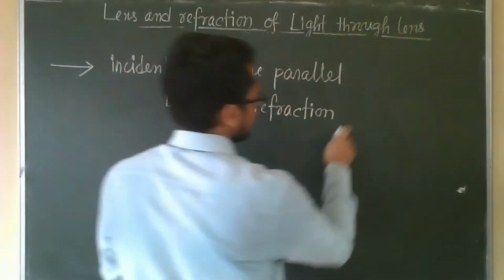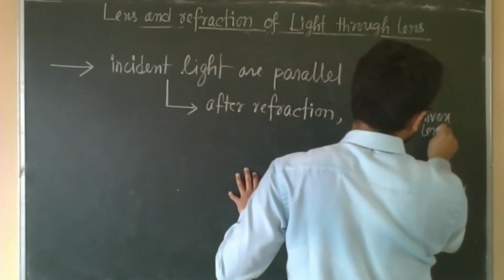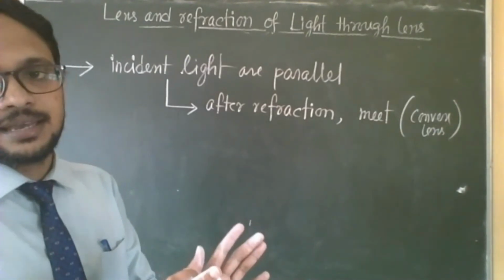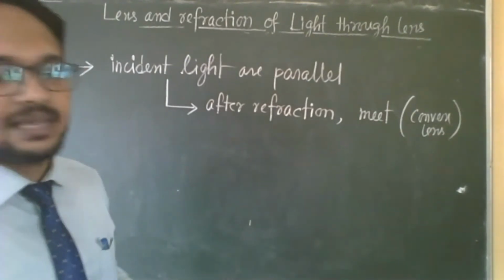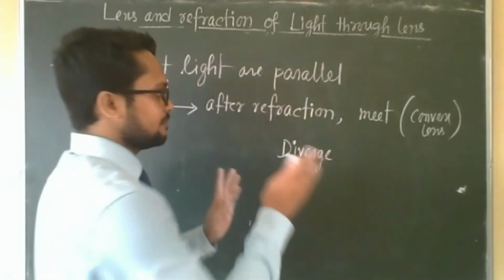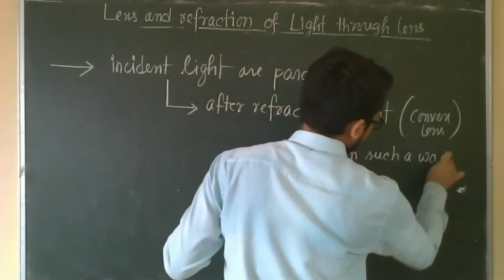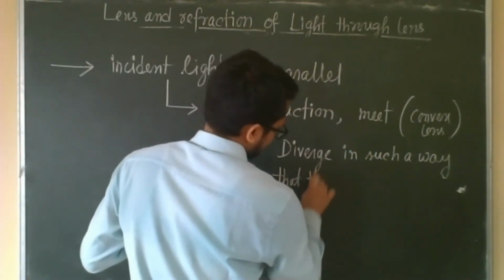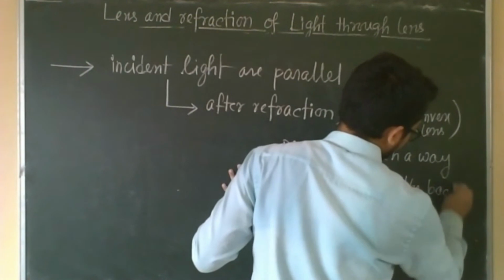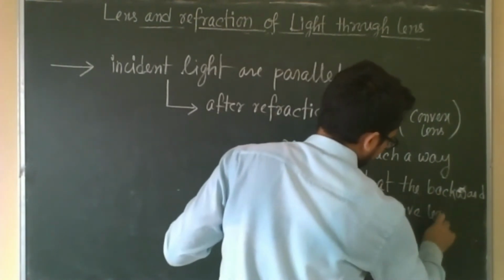Either they will meet, which happens for a convex lens, or they will diverge in such a way that if we extend them in the backward direction, they will meet at a point. This happens for a concave lens.